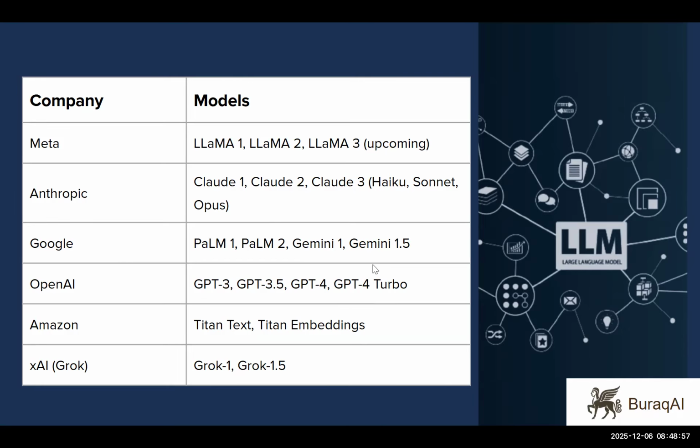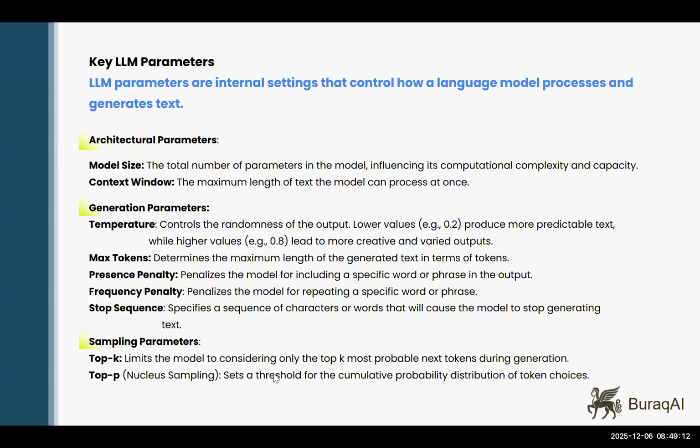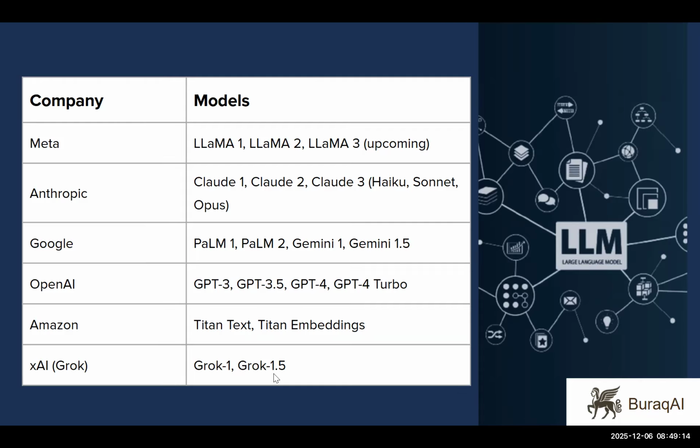Google has Gemini models as well as PaLM models. OpenAI, we know GPT. I think GPT-5 is the latest. Amazon has Titan text, Titan embeddings. xAI has Grok. There's DeepSeek and other companies also providing the models.